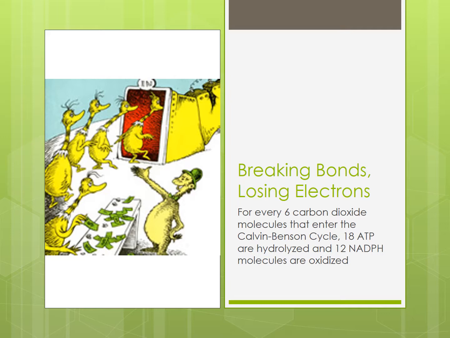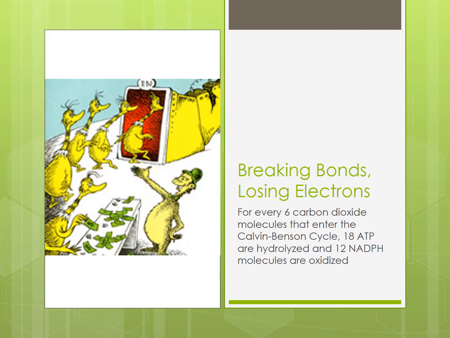You're going to hydrolyze them. What does it mean to hydrolyze? To break it up using what? Water, hydrolysis. And each time you break these ATP or NADPH, what's released? Energy. Now you are oxidizing them. If you are oxidizing these things, what are you doing to them?